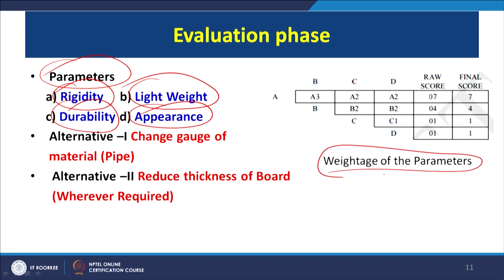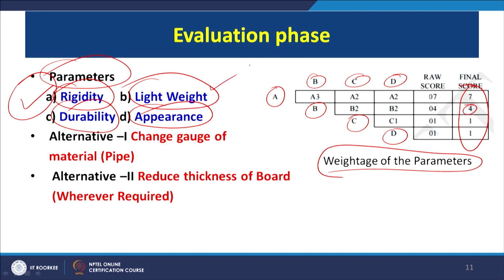So, we can see that out of these A, B, C and D parameters, we find out that the final score is 7, 4, 1 and 1, which means A, that is rigidity, is one of the prime parameters, and 4 is B, that is lightweight. So, the main parameters, the durability is coming third and the appearance is coming also at the same ranking, but the main 2 important parameters.